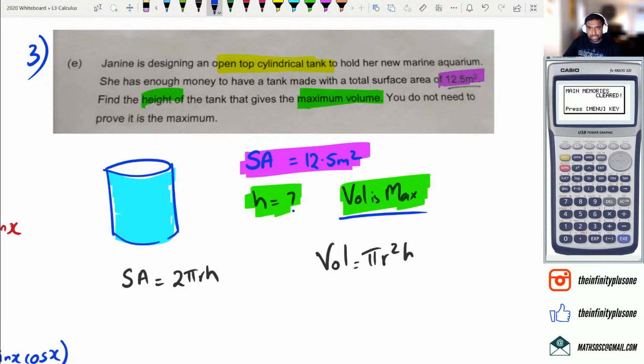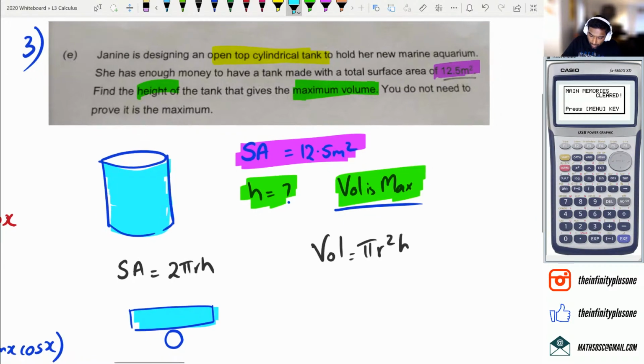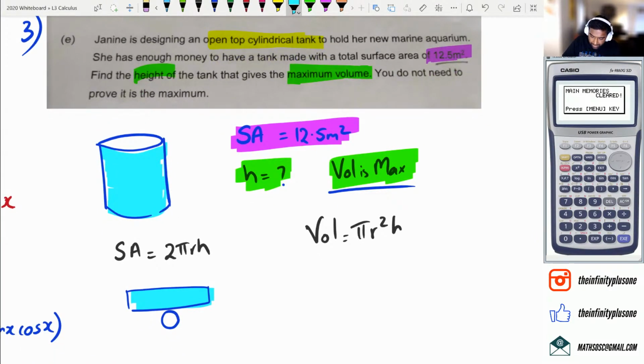Now with the open top cylinder tank, what we've got is 2 pi rh, which is the side panel. If you open it up, that's your side panel right there. Then we've got the bottom part of the cylinder as well. So this right here is 2 pi rh.